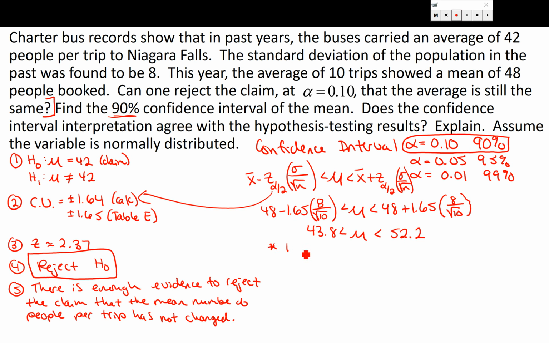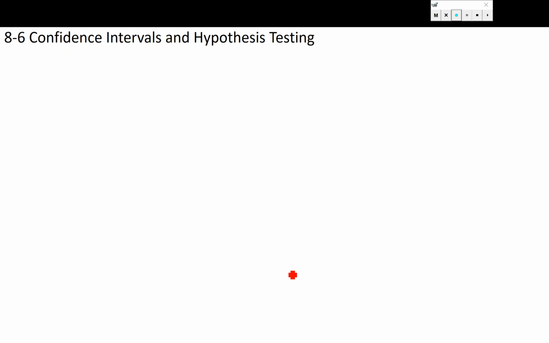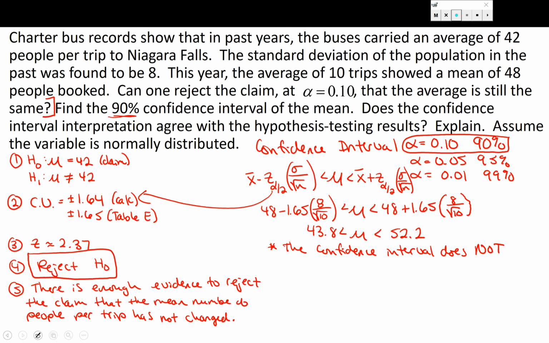So the confidence interval does not contain the hypothesized mean of 42.